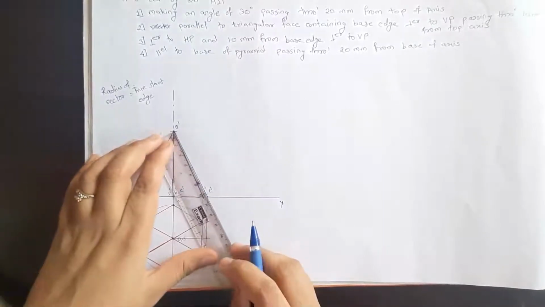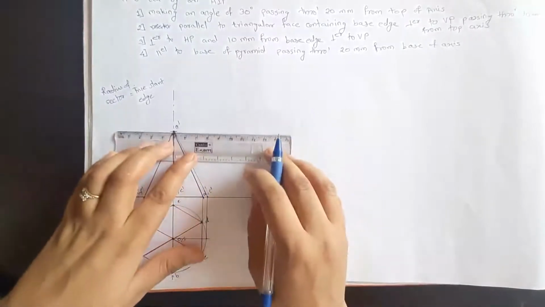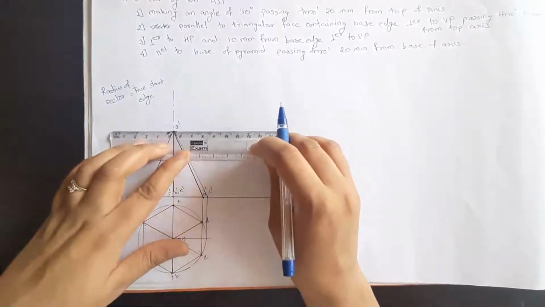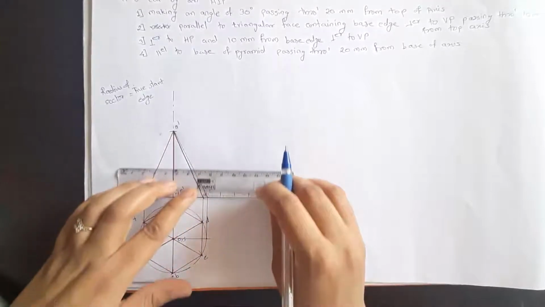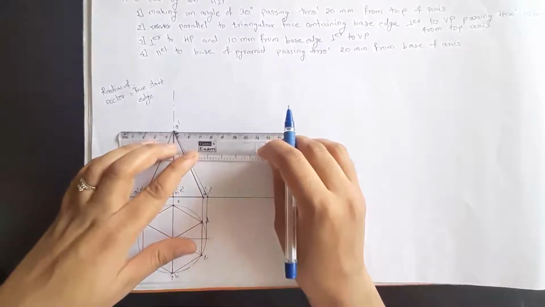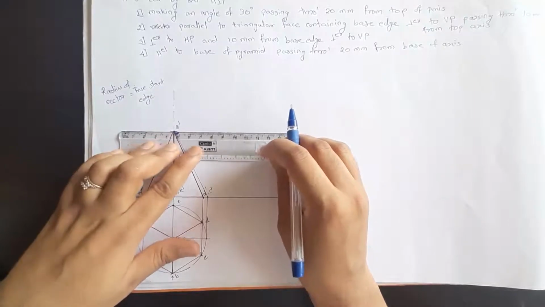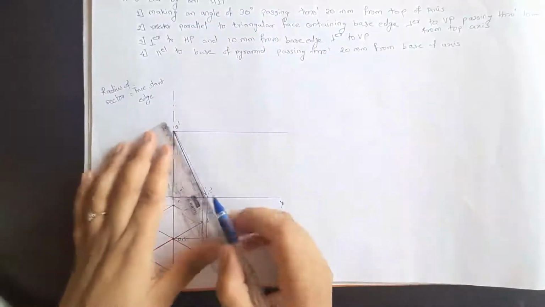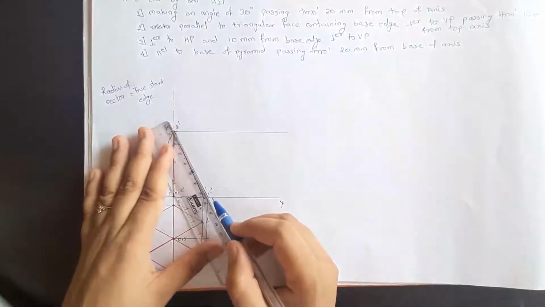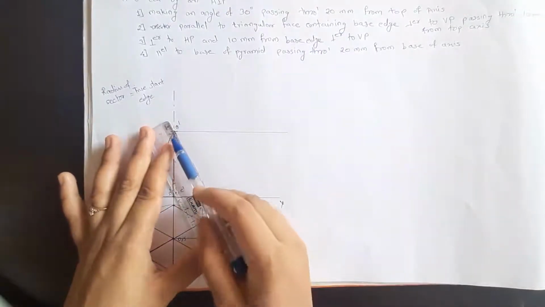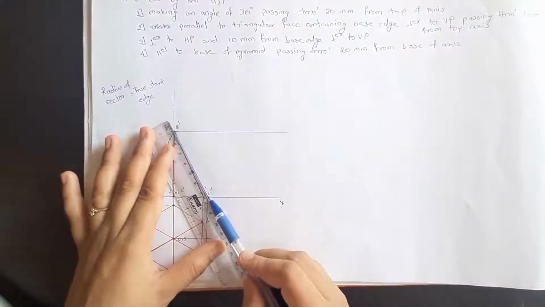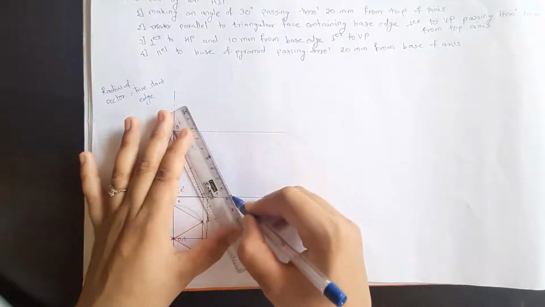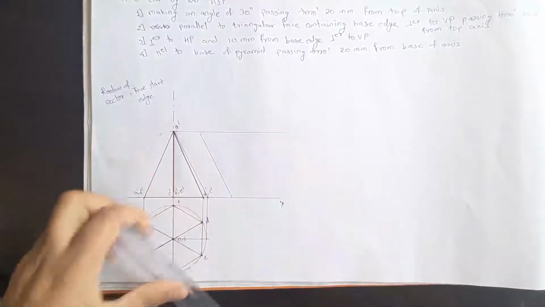Now you can measure this true length, or simply draw a line parallel to xy passing through O. No need to measure anything. Then draw the line parallel to this true slant edge at about 20-30 mm.